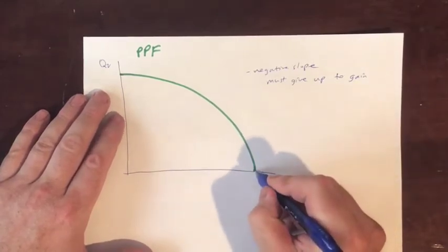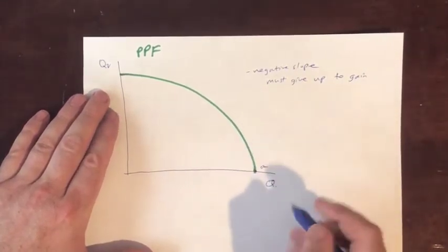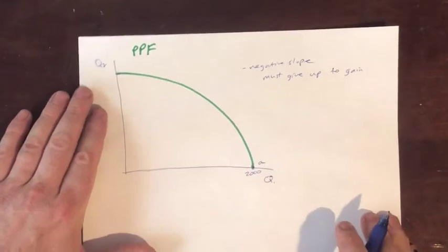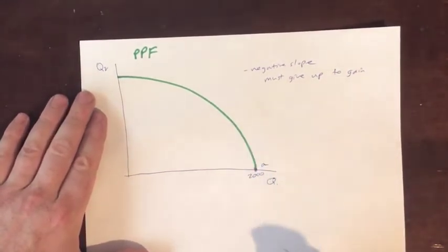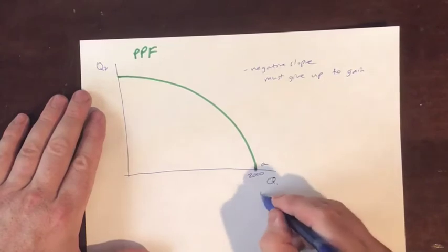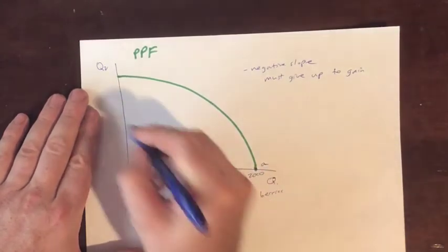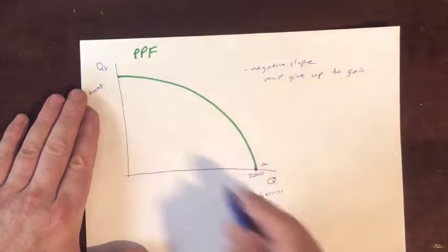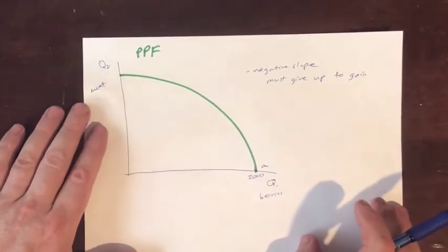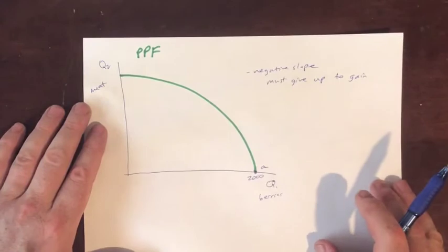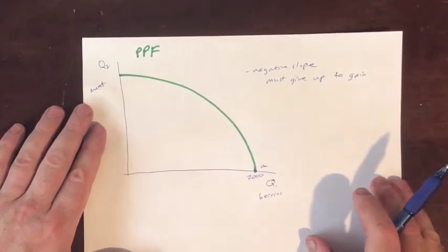let's imagine that we were at point A. That's our maximum, okay, 2,000. And we said, all right, we're producing 2,000. Remember that this represents the berries over here. We have the meat. So we're producing 2,000 pounds of berries. The only problem with that is berries are only so good by themselves.